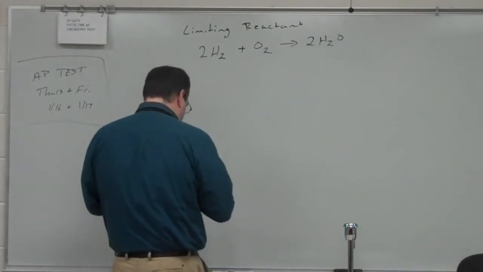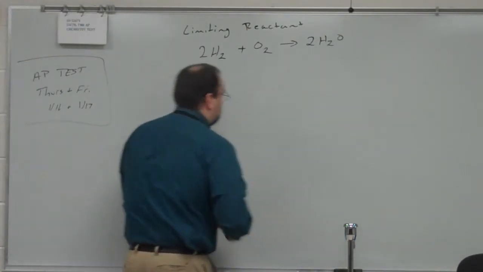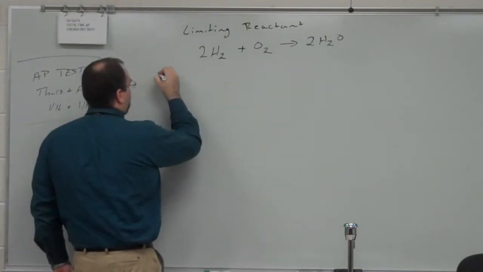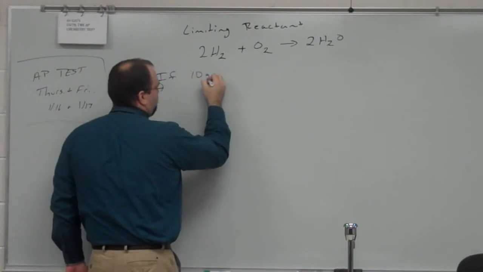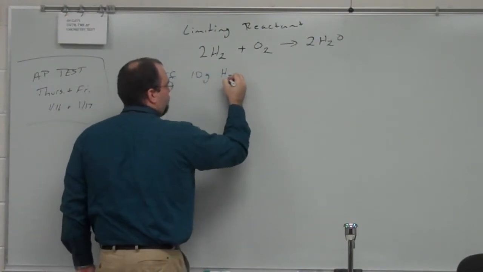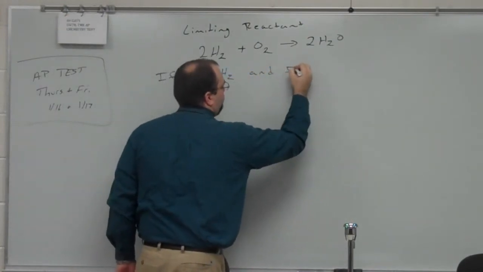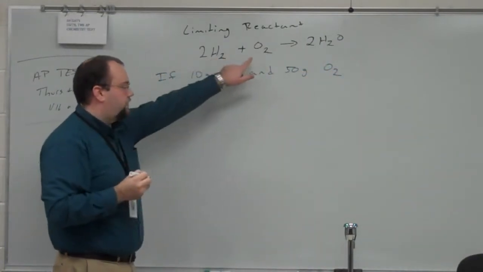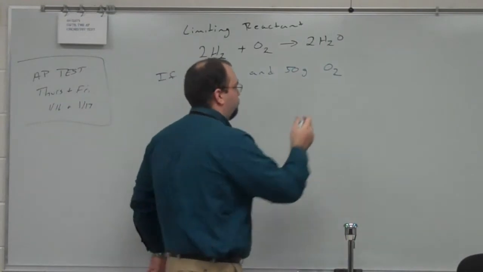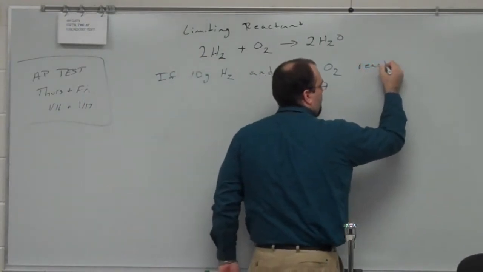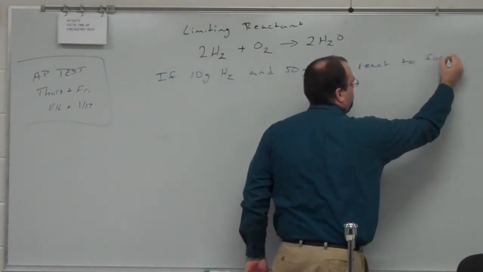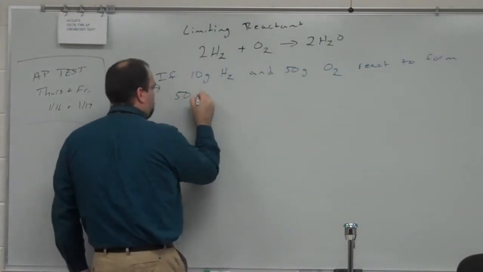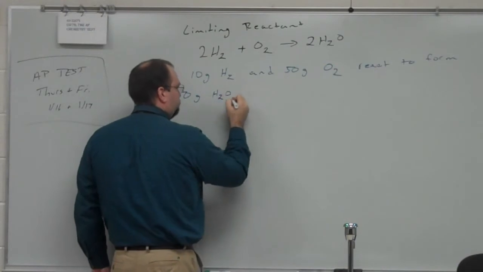So let me write this in blue, to make it stand out a little bit more. Let's say I have 10 grams of H2 and 50 grams of O2, say, react to form 50 grams of H2O.